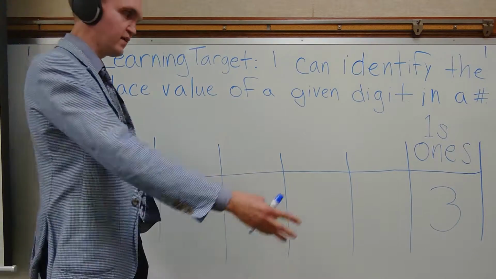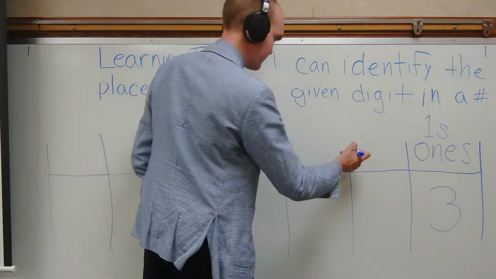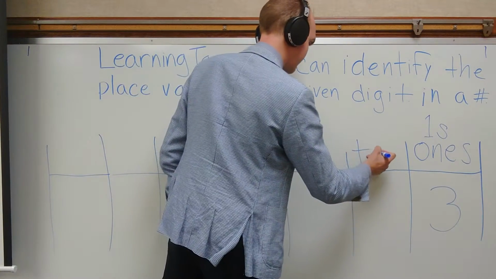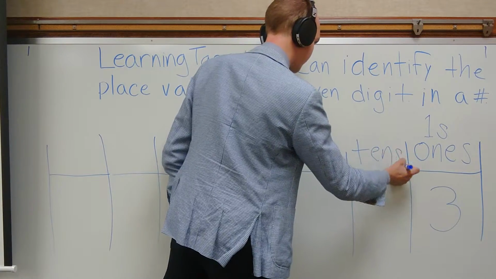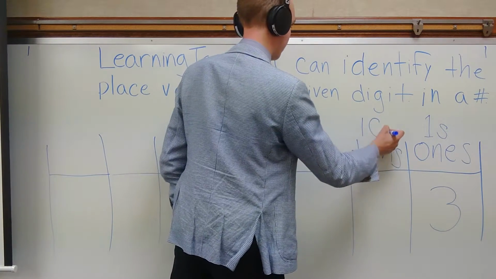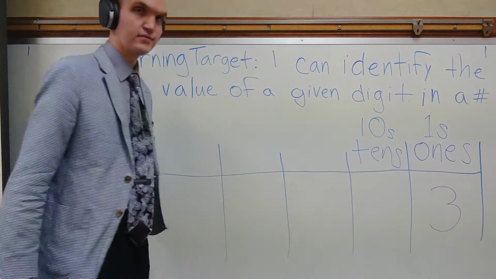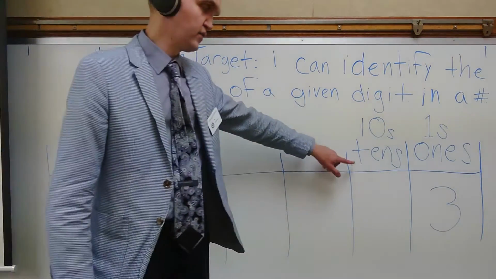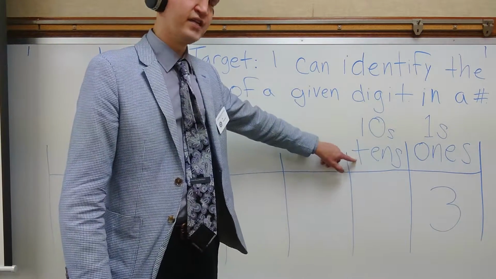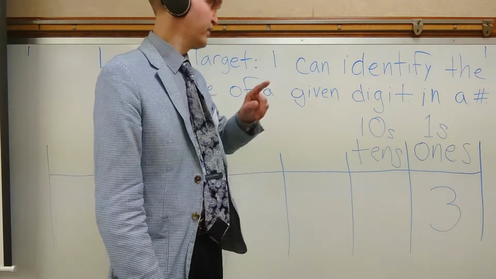All right, let's keep labeling. The next place is the tens place. Tens. Or if I want to, I can write 10s, right? This place value is called the tens place, okay?